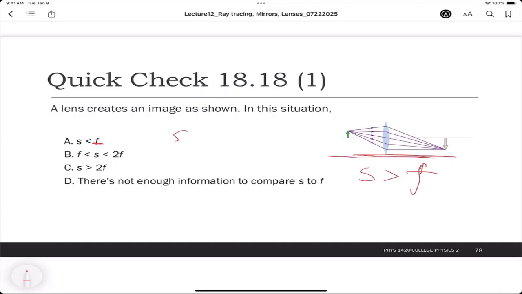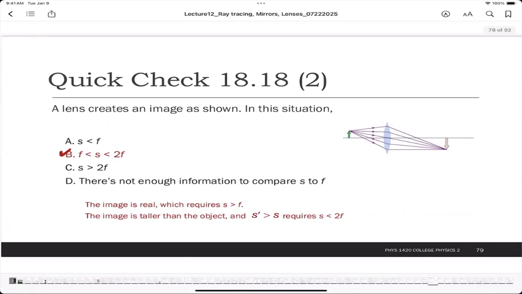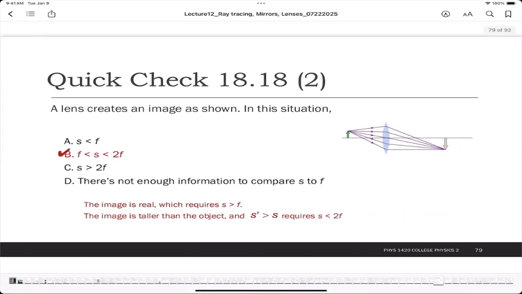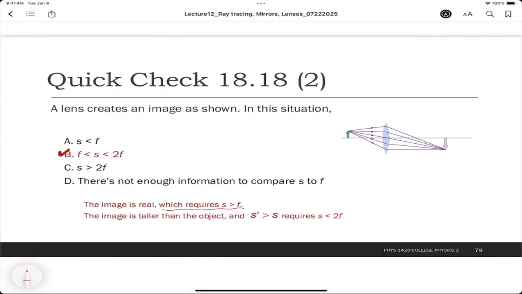But here we need to talk about the relationship between S and 2f. Because the image is real, S must be greater than f. We know the image is taller than the object, which means S dot should be greater than S. Am I right? So S should be smaller than 2f. That makes sense to you.